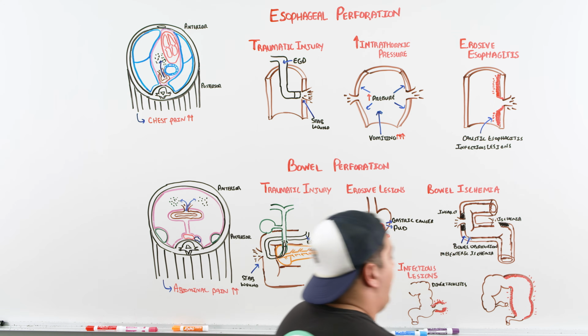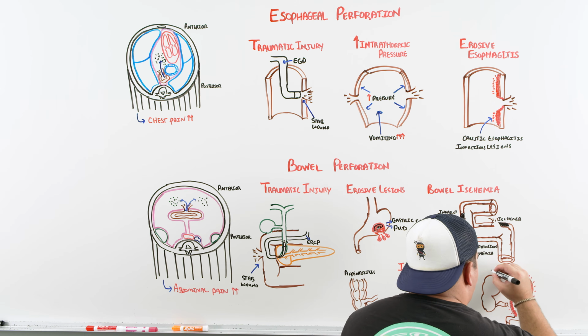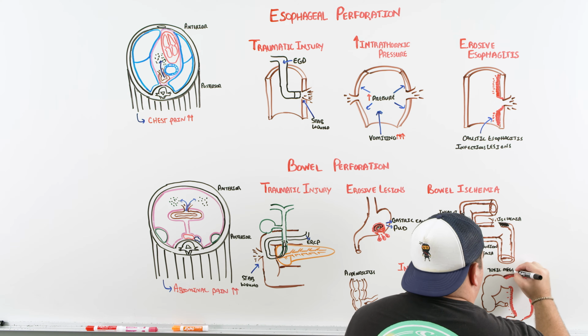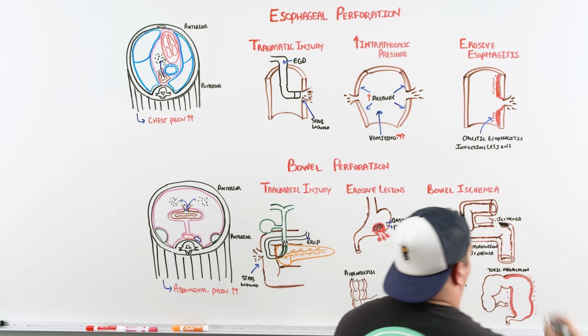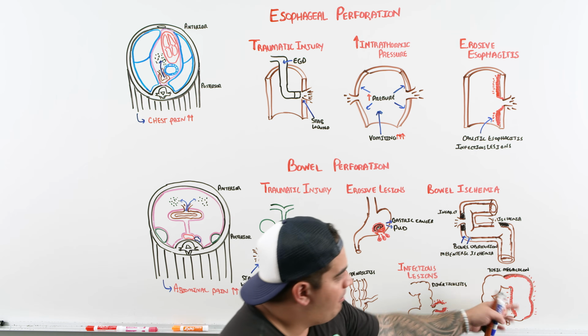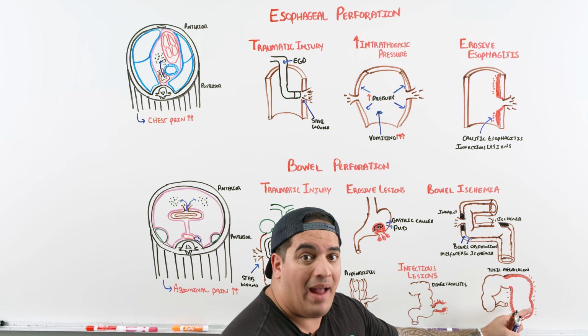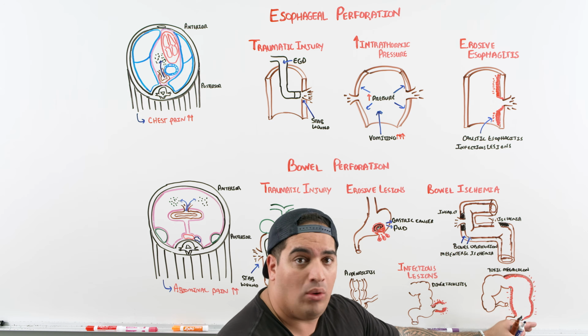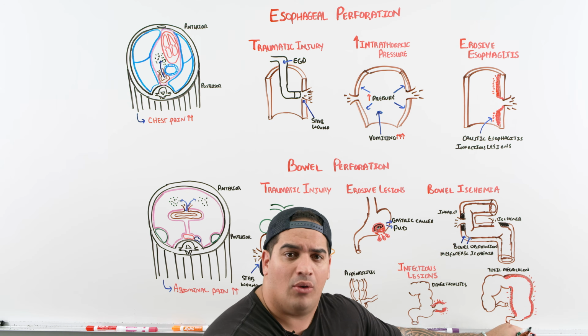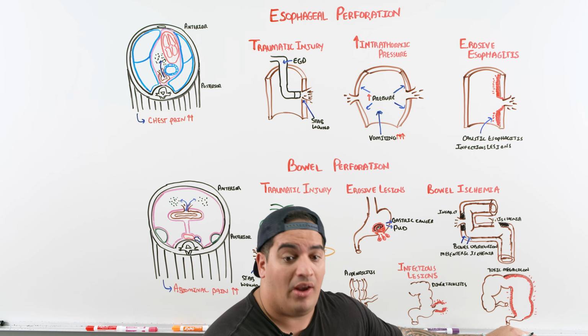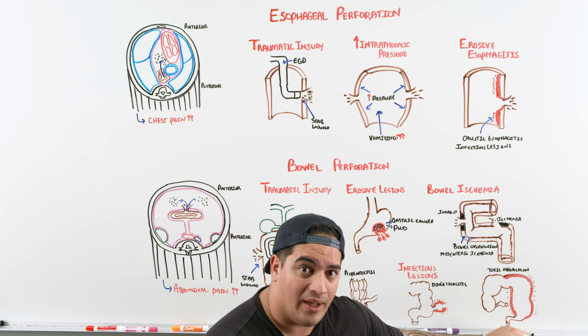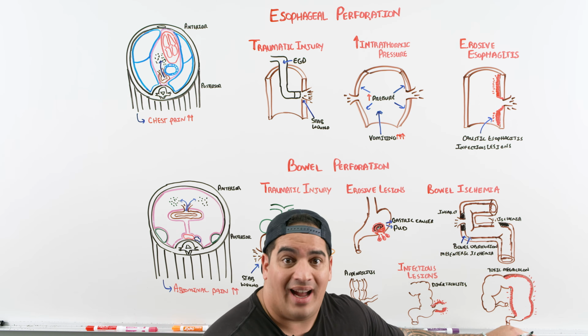Or lastly, a patient has what's called toxic megacolon. This is a really terrifying one as well. They have massively dilated large bowels, usually at the distal colon. They have intense left lower quadrant pain usually. They may also have associated diarrhea and potentially bloody diarrhea.